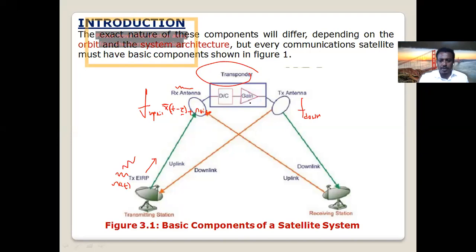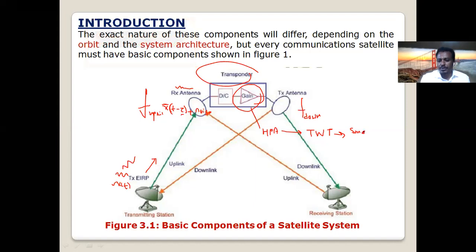So what is one of the main components of a transponder? The high power amplifier. We call it HPA. Which high power amplifier is very common for satellite communication? We call it TWT, traveling wave tube amplifier. Why do we choose TWT? Because it is small in size.